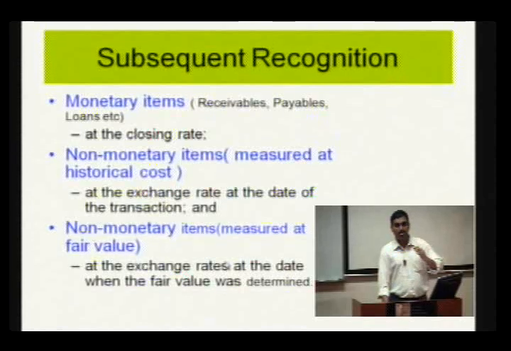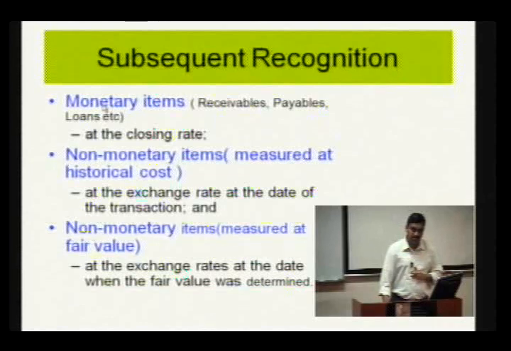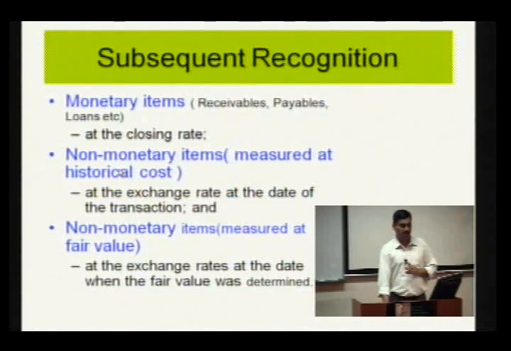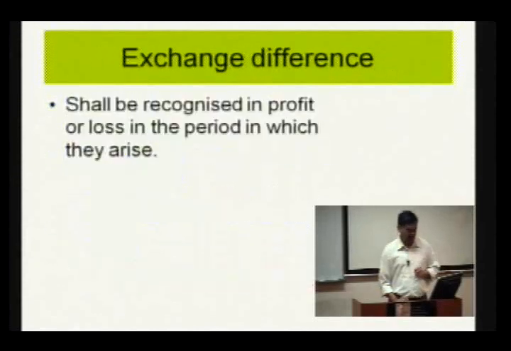Subsequent recognition depends on the type of the item, a monetary item or a non-monetary item. A monetary item should be revalued at the closing rate, and a non-monetary item, generally if it is not revalued, at the date of the transaction, and a non-monetary item which is revalued, as on the date of the revaluation.